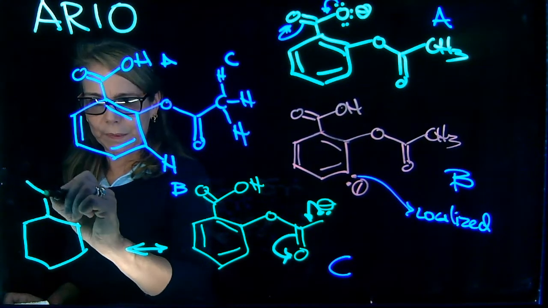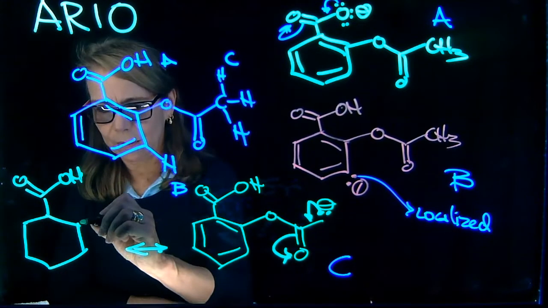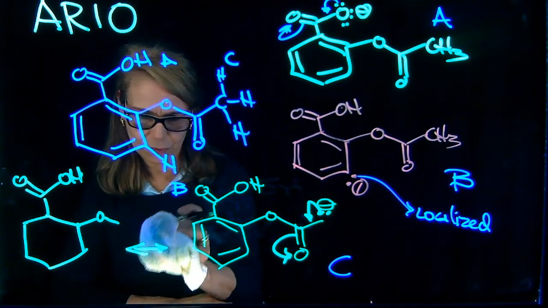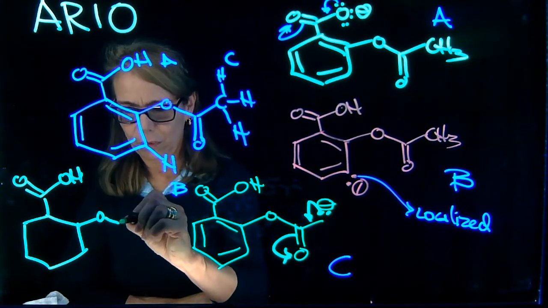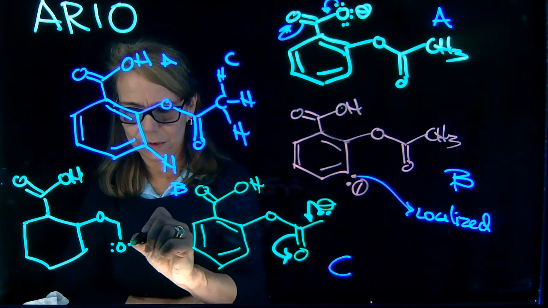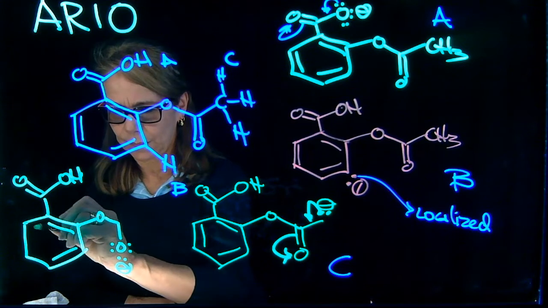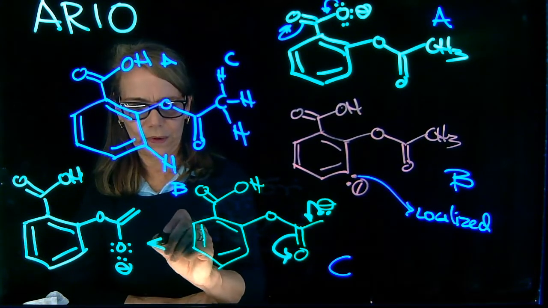It's still keeping my carboxylic acid, everything else the same. But now this has, let's draw that shorter so I have room for that. So I am moving electrons toward the oxygen and putting a double bond here. Those are the resonance structures.